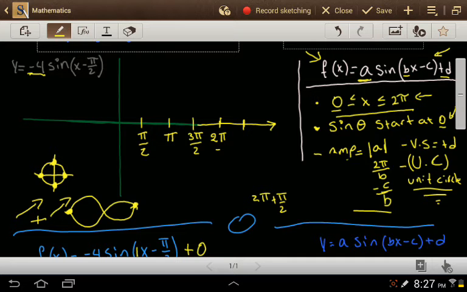I hope you copy down what I had written there. So pi over 2 plus 2 pi. Right here, you need to add a denominator, which is 2, and this will end up multiplying by 4. So this will be 5 pi over 2.